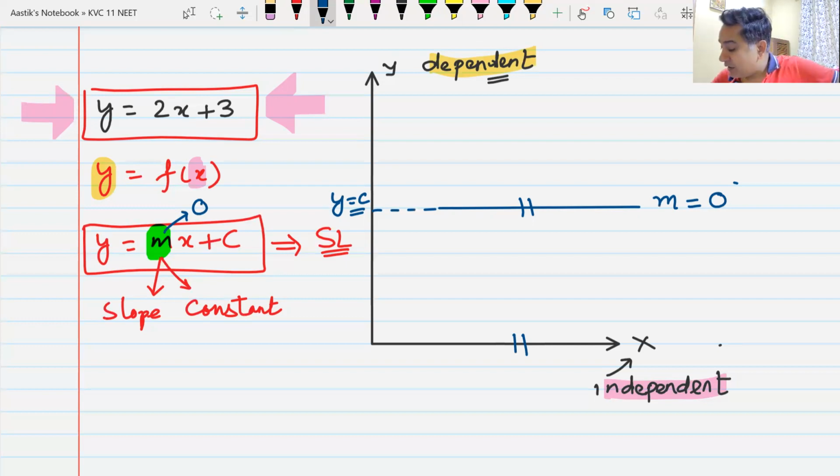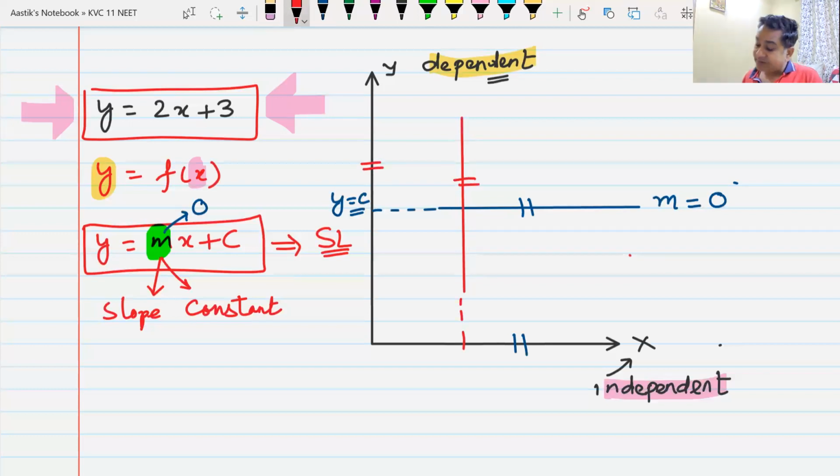Okay. Now, I can also draw a line which looks very ridiculous, but I will still draw it. I can also draw a line which is like this. Now this line is parallel to the y-axis. Do we understand this?